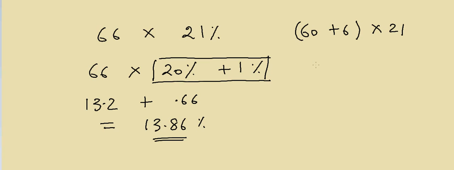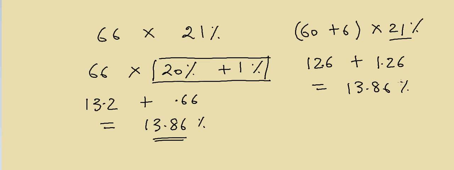In that case we can just say 60 times 21%, that is 12.6, and 6 times 21% is 1.26. We can add them together and that will be equal to 13.86. So this is only about how you are making the calculation easier.